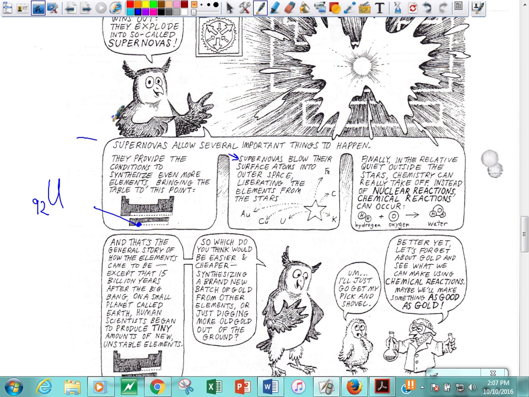The elements are able to just leave the star and they just fly out. So gold, uranium, potassium, copper, iron, all these elements that we know are just thrown into outer space. And they continue until they do what? Until they hit something or come into a gravitational field of another object that pulls them in, right?